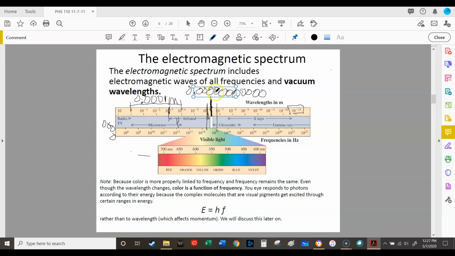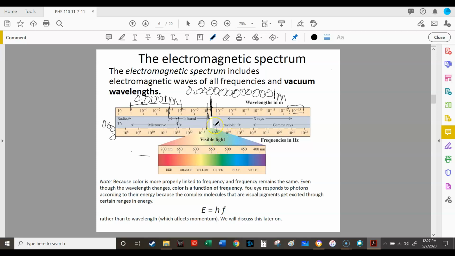So 1, 2, 3, 4, 5, 6, 7, 8, 9, 10, 11, 12, 13 meters. Okay, so this is the wavelength of basically the gamma rays area, which is super small.